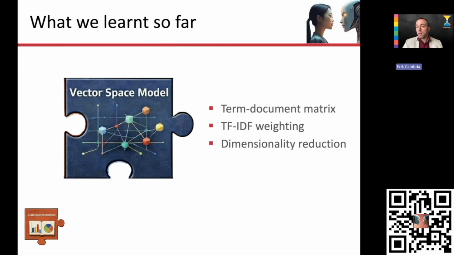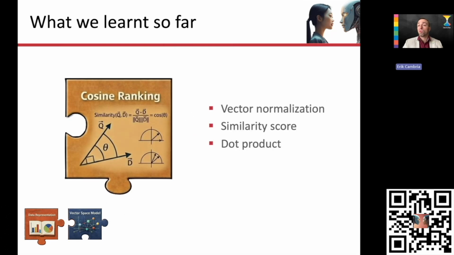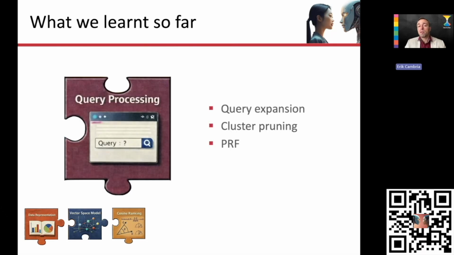In the NLU course, we also talked about dimensionality reduction. And then, of course, we talked about how to calculate similarity between these data points in the vector space, either by cosine similarity or by Euclidean distance. And then recently we talked about how to process queries.